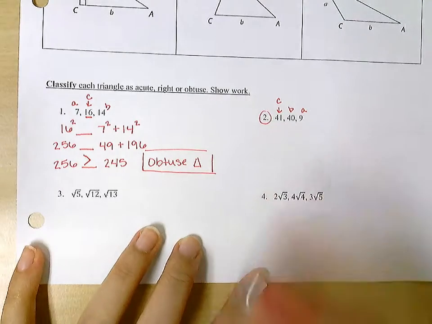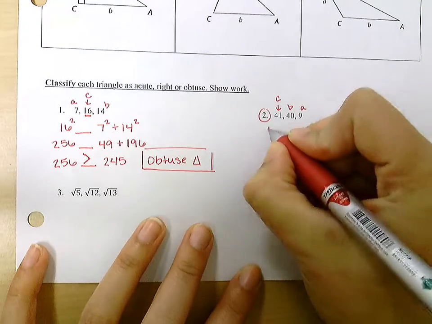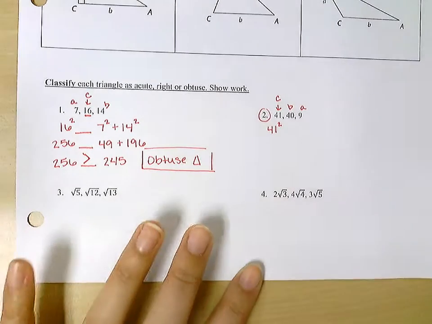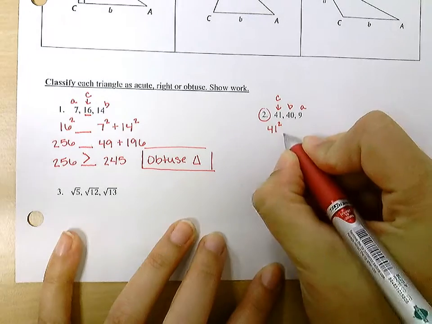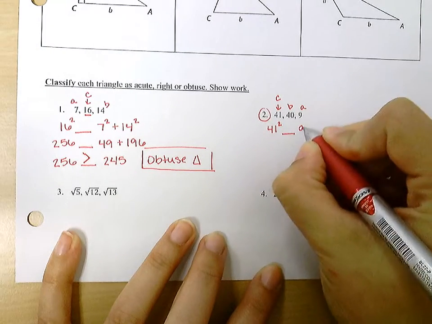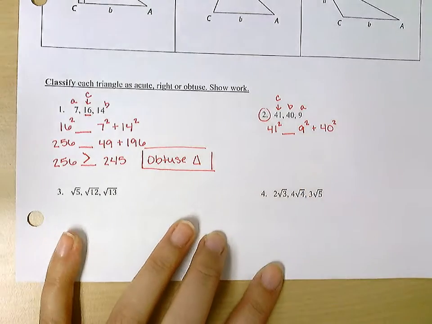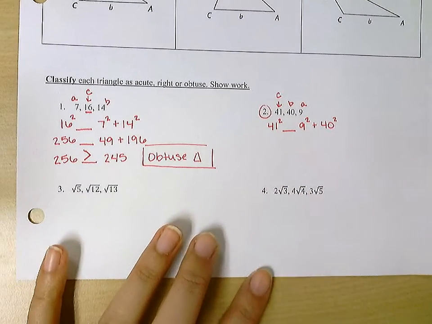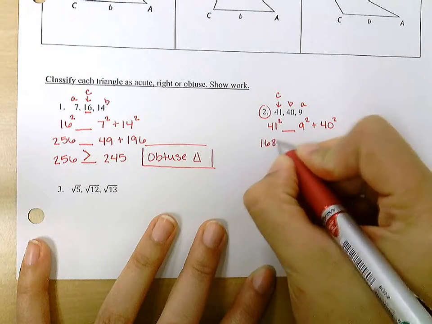So setting up my converse of the Pythagorean theorem here, I always write my C squared value first, which is 41 squared. I want to compare that to 9 squared plus 40 squared. Okay, so 41 squared is 1,681.